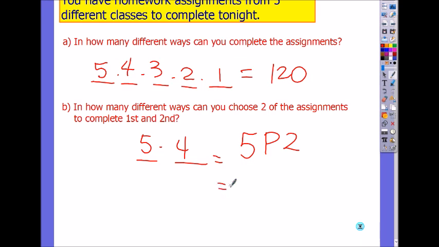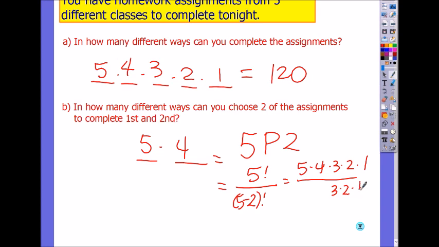So then what is this? It's 5 factorial divided by 5 minus 2 factorial, which is 5, 4, 3, 2, 1 over 3 factorial, which is 3, 2, 1. So you get 20. 20 ways.